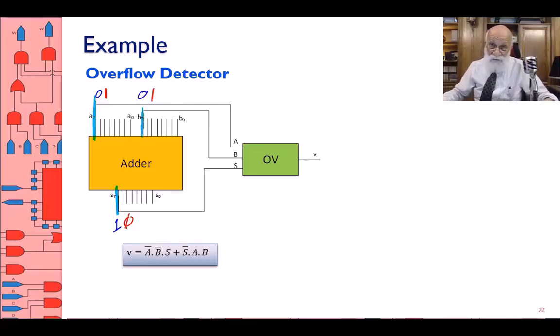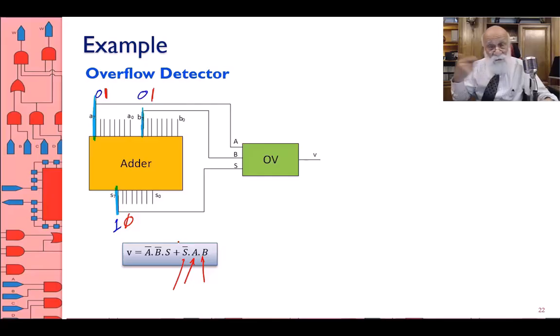The overflow is this. Let's read this. If A is 1, B is 1. Now, I'm saying capital B representing the sign bit, or B7. Capital A is A7 and capital S is S7. So if I'm saying if A is 1, B is 1, S is 0, that's the red case I'm showing up there.